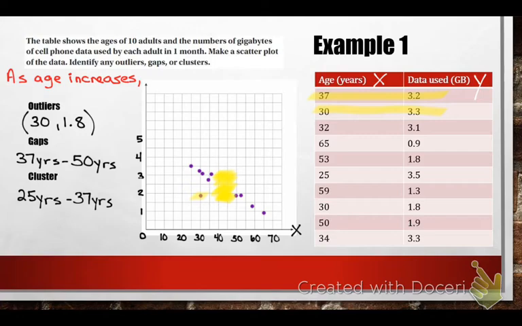Gigabytes used, cell phone usage. As age increases, cell phone usage decreases.